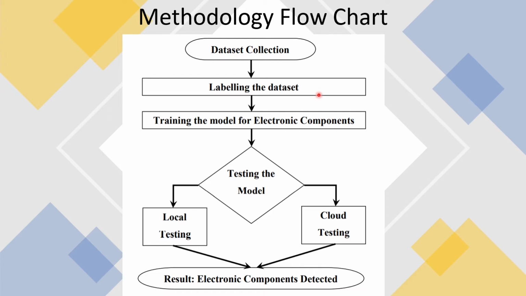Then there were training and testing. For testing we had two options. One was local testing, wherein we use the power of a local machine, and then cloud testing, where we use the resources provided by cloud computing. Then we got the result. We'll see some results in a minute.